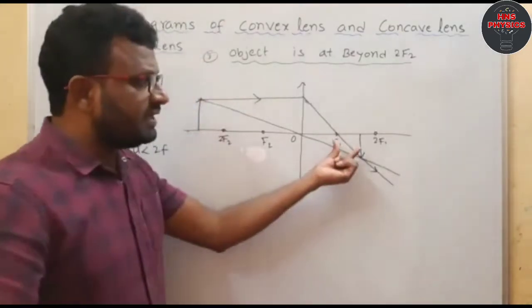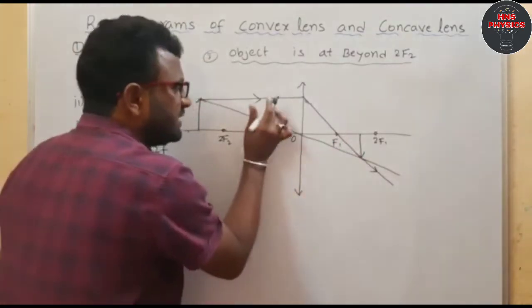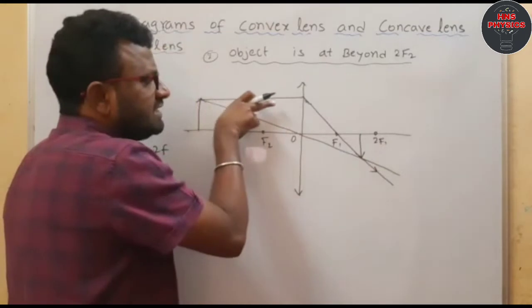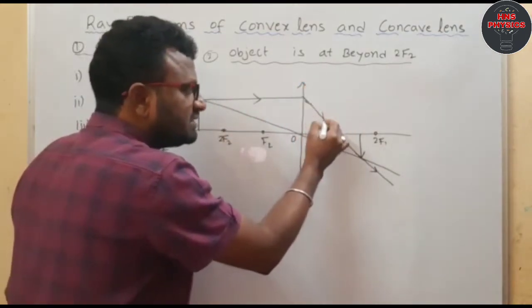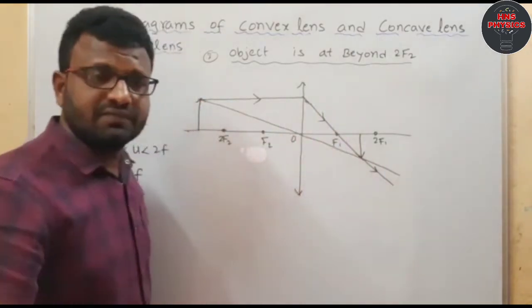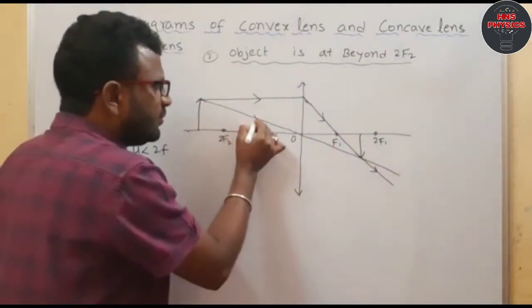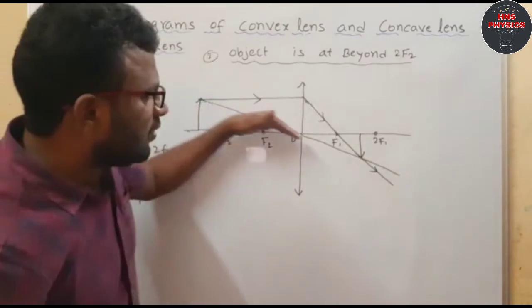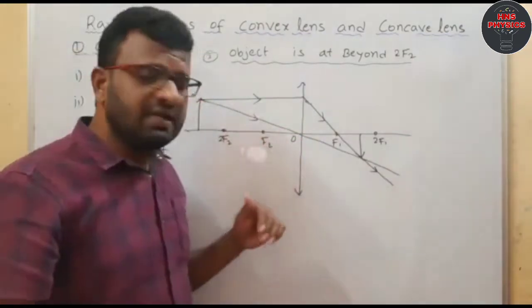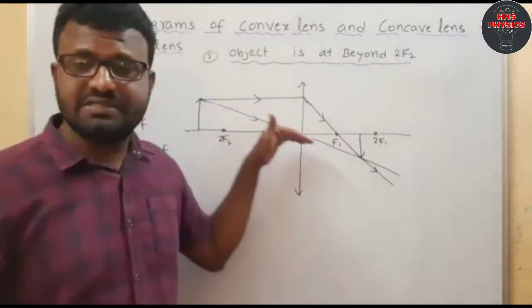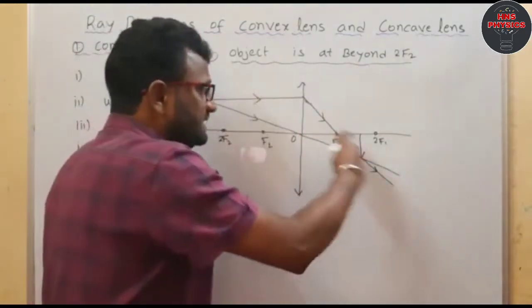And the ray passing through the optic center does not deviate. According to rule 3, the ray does not deviate from its actual path. The ray passes like a straight line.